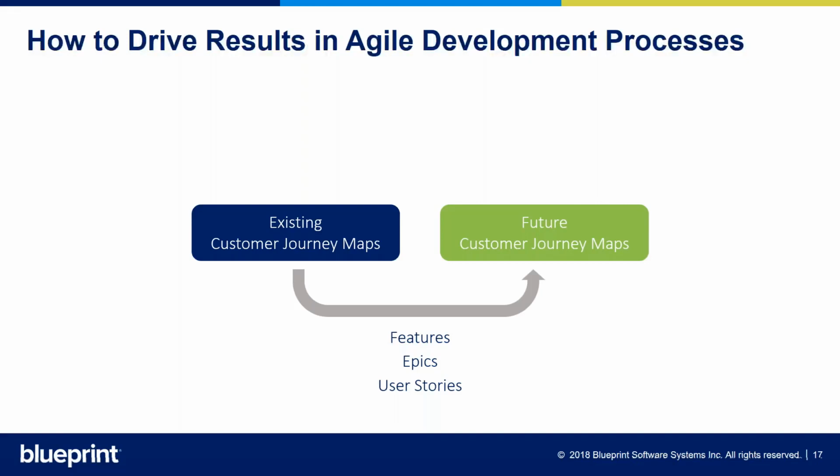Ideally, once you've created a future customer journey map, you've identified change needed within your solution, whether it be a product or a service, right? And you identify the change from features, epics, and user stories, which can be developed by your internal team or your development teams to help drive that value to realization.